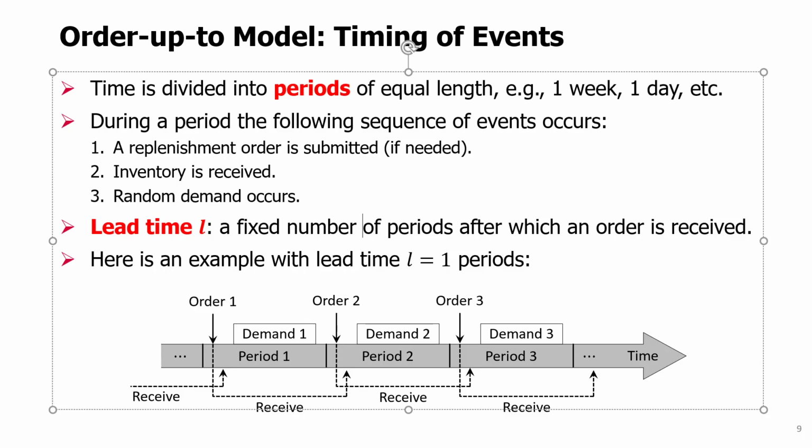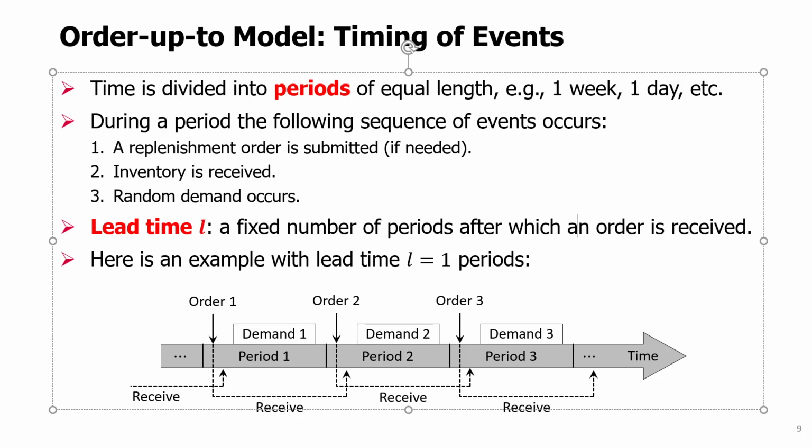But for example, if your lead time is 1 week, then L would be 1 if the period is 1 week. Now, suppose you order once per day. Every day you can submit an order. Then the period should be set to 1 day. Now, if the lead time is 1 week, then actually it will be not 1, it will be whatever number of days per week you're operating.